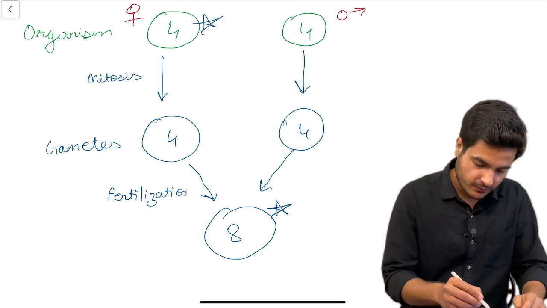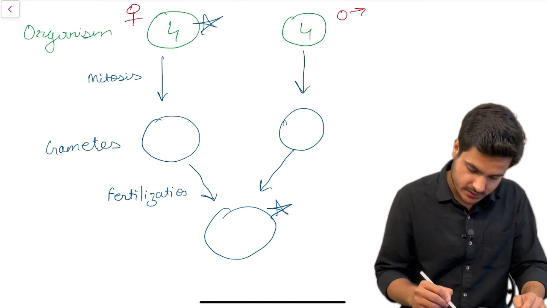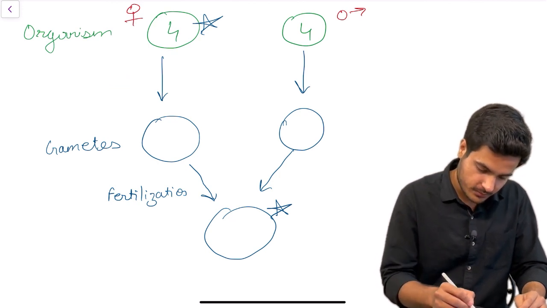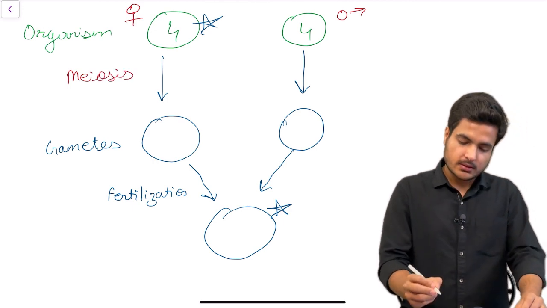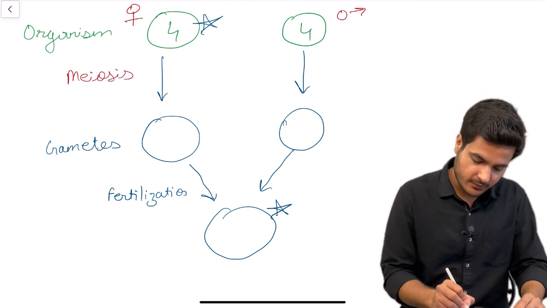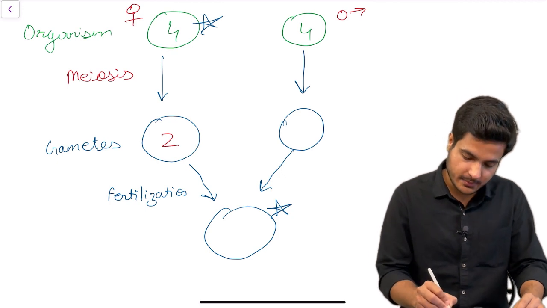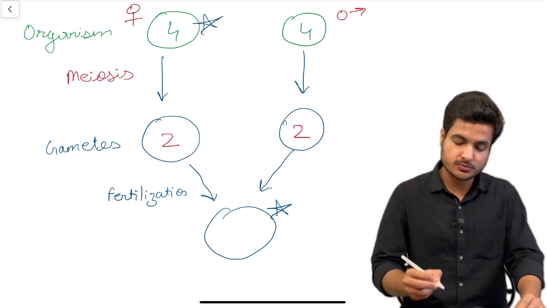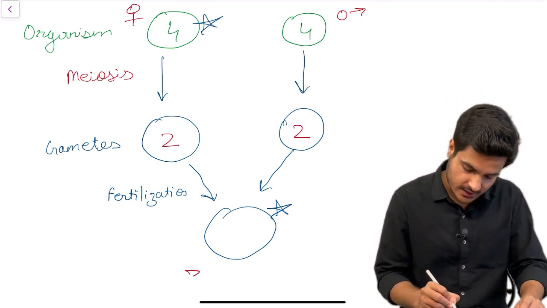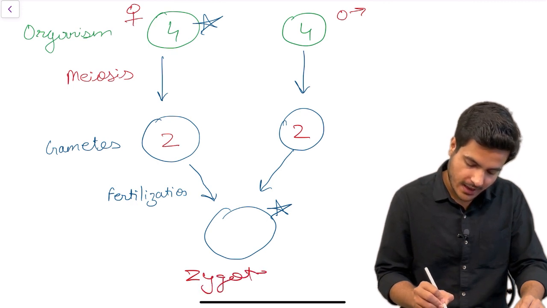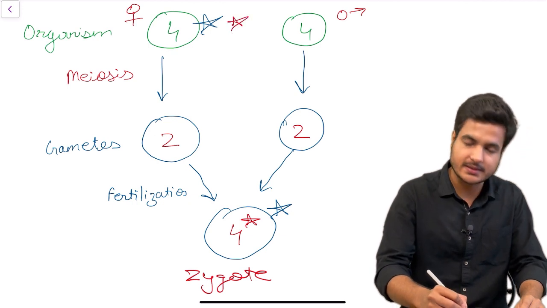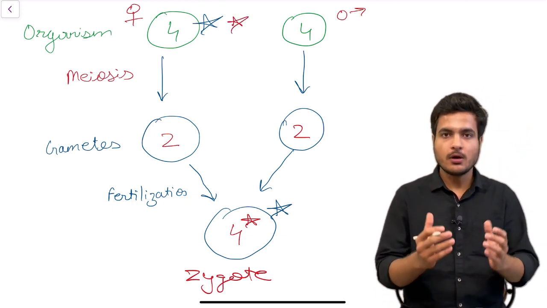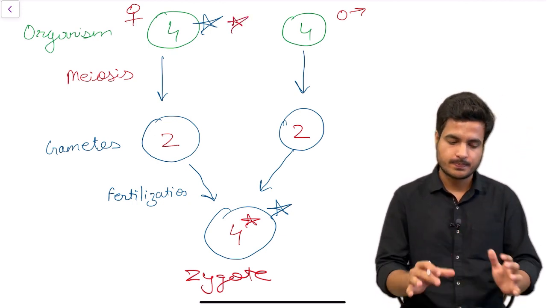Therefore, if the correction is made in this process, and now instead of mitosis, meiosis takes place, the female will have a gamete with only 2 chromosomes. Similarly, the male will have a gamete with only 2 chromosomes, and after fertilization, the zygote will have 4 chromosomes, which are very similar to that of the parents. Therefore, the genetic framework of the organism is preserved.